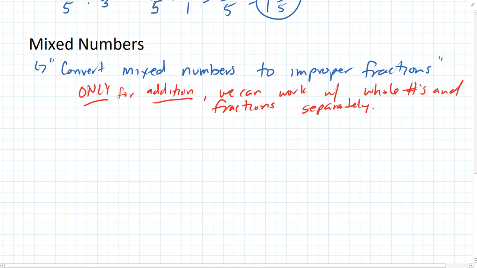Okay, it works with subtraction sometimes as well, but we're really not going to focus on that. Generally speaking, a strategy that's going to work for everything, and that's why I'm going to go over just this one strategy, is to simply convert the mixed numbers to improper fractions.